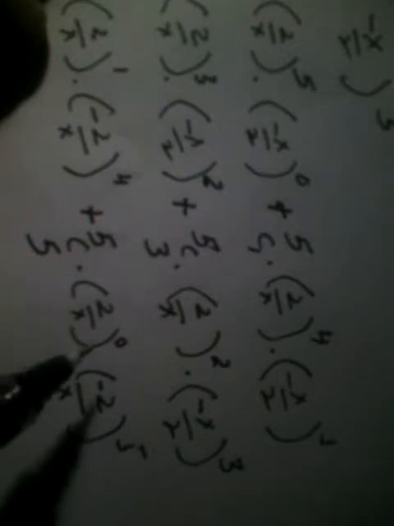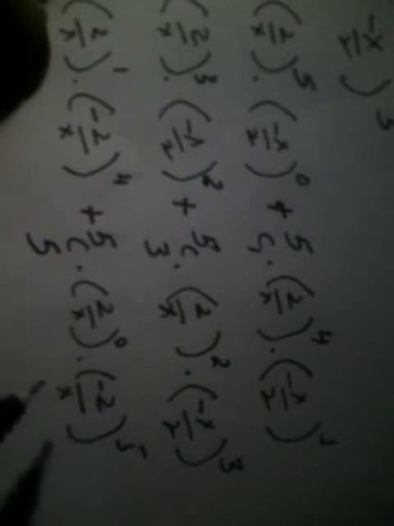So here this is NCN, that is 5C5 into a, that is 2 by x raised to the power 0, because it was 1 in the previous, now it is further reduced by 1, so it has become 0, into b, that is minus 2 by x raised to the power 5, because that was 4 in the previous term, now it is 5, so sum total of the powers of a and b is 0 plus 5, that is 5, and 5C r is 5, and b raised to the power is also 5, so this is matching, it means this is okay.